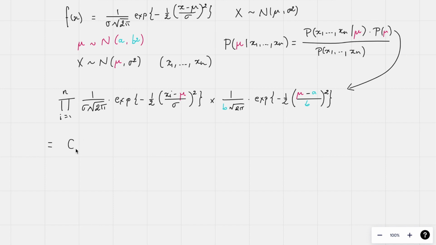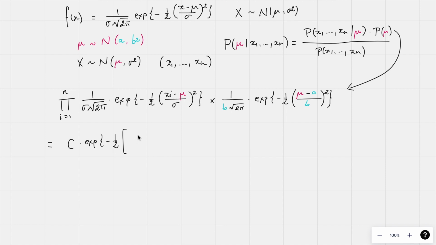So it's going to be c times the exponential of minus 1/2, and then I'm opening a large square bracket of all these terms that are here, except that this was a product before, and now this is going to be a sum. And I'm going to put the terms on the right hand side on the left first.